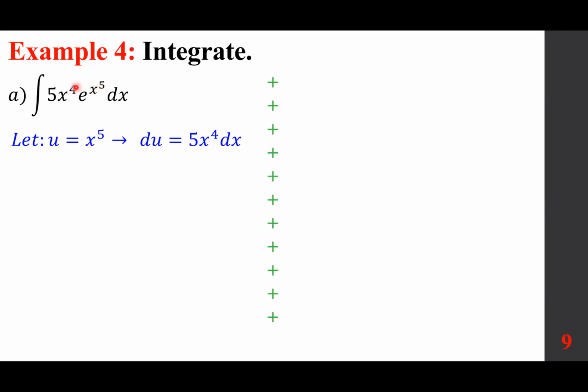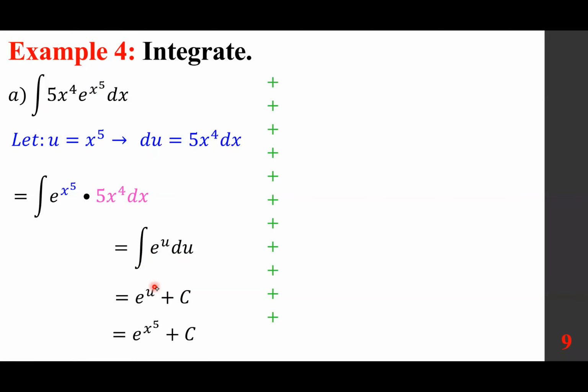So I'm going to move this next to dx so it becomes clear that we have e to the power of u, and this whole statement here is simply du. And now the answer is simply e to the power of u and a constant, where u is x to the power of 5. As always, if we differentiate, we get this statement back without the dx.